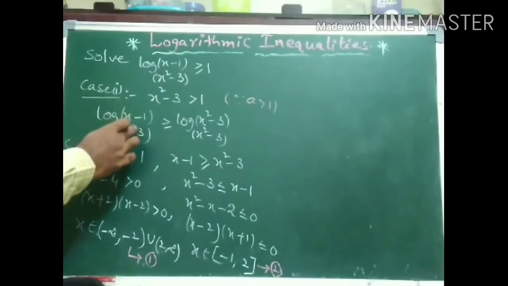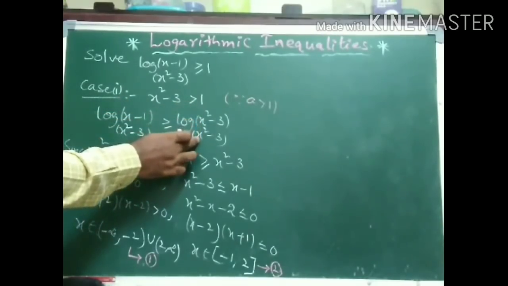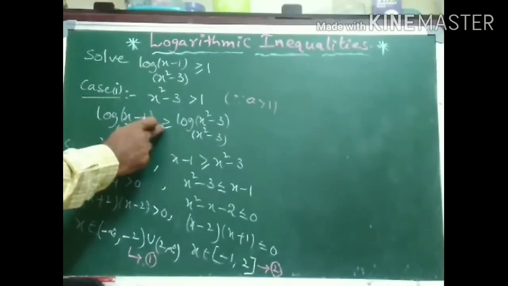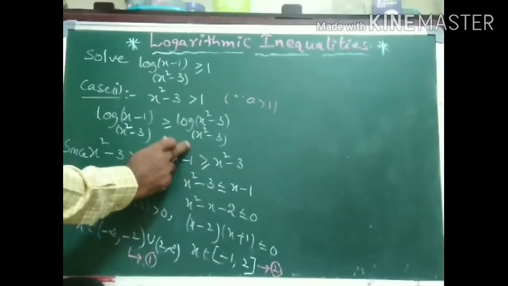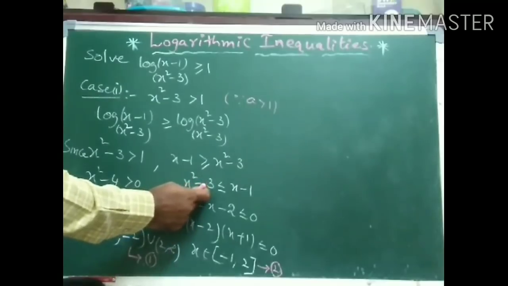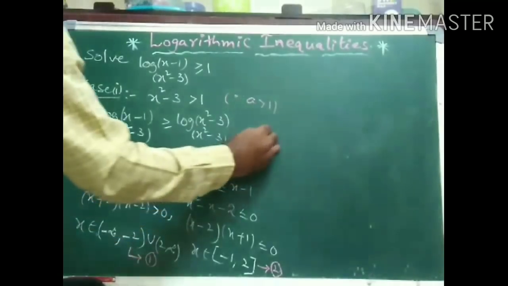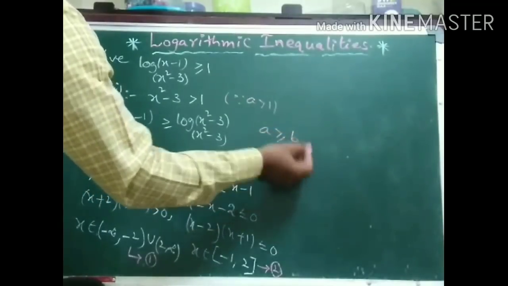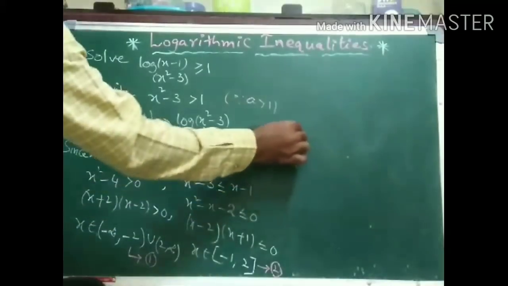That is, if log a to the base b is greater than or equal to log c to the base b, then a is greater than or equal to c. This is what? No change in the inequality. So the meaning of this is nothing but x square minus 3 is less than or equal to x minus 1. Isn't it? A greater than or equal to b is nothing but b less than or equal to a. Both are the same.